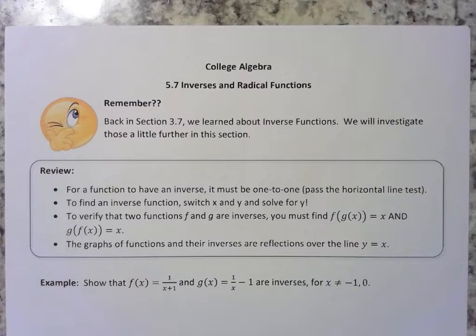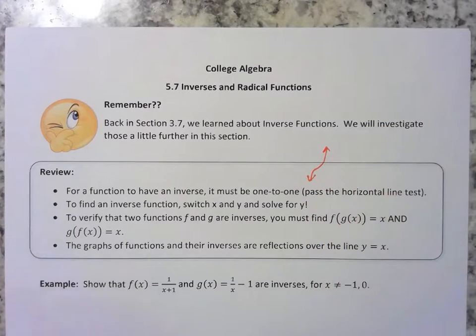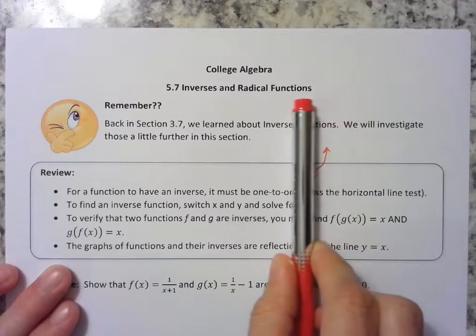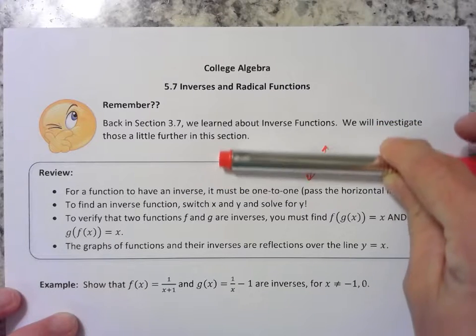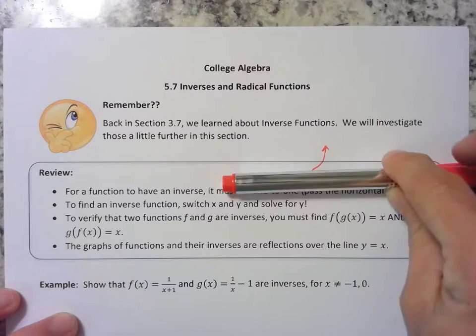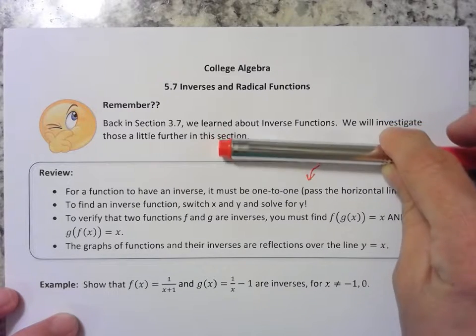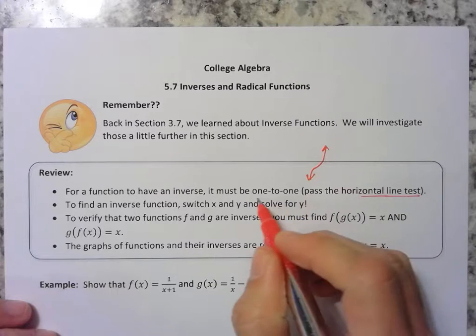Remember, for it to be a function, it has to pass the vertical line test, right? Well, if it is a function and it passes the horizontal line test, then it has an inverse. If it passes the horizontal line test, that is what makes it 1-to-1.